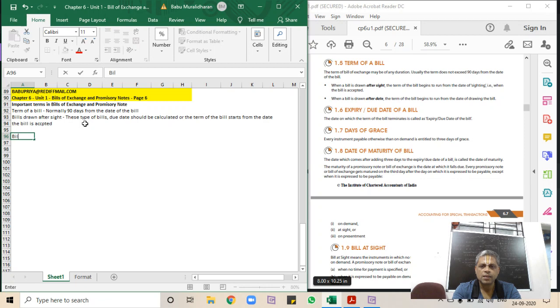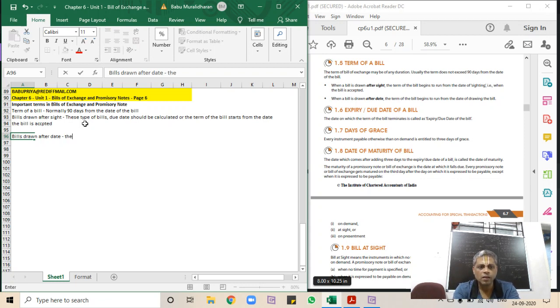Then what is bills drawn after date? Let's understand the concept better, then we'll also relate it to the question and answer. So if the bill is drawn after sight, it means after sighting the bill by the acceptor or the drawee. If the bill is drawn after date, it means the date on which the bill is drawn.